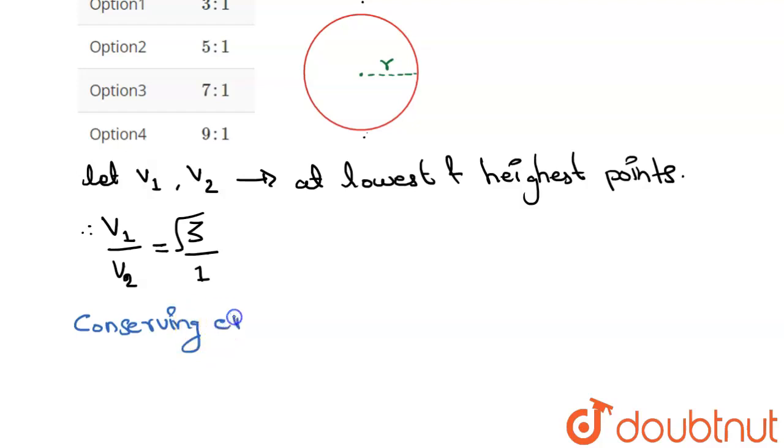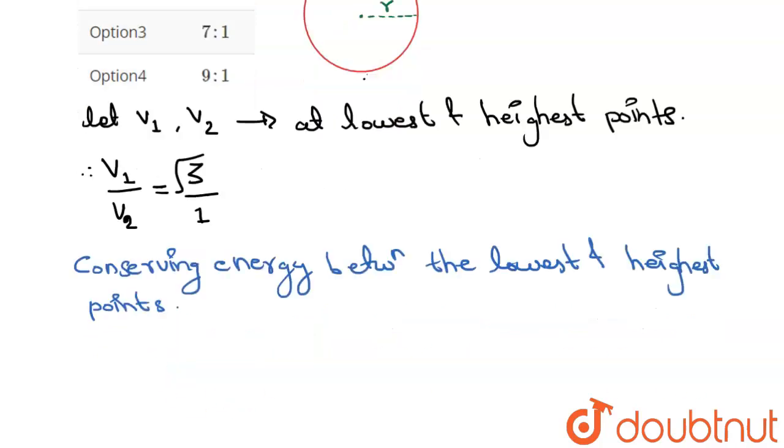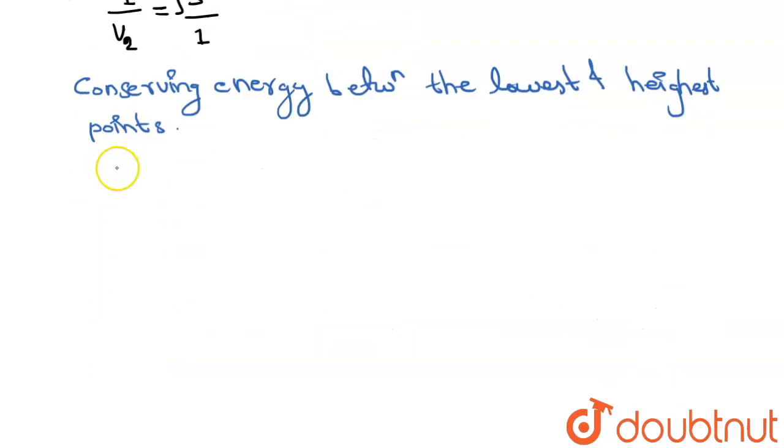So that will be v1 square is equals to v2 square plus 2 into g into h.